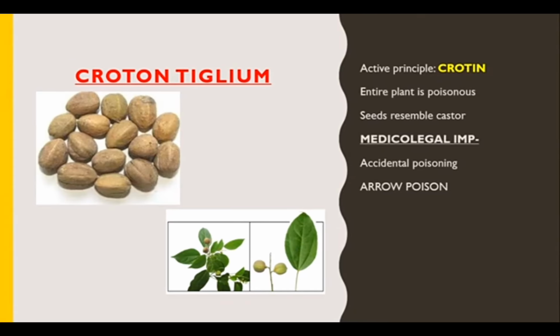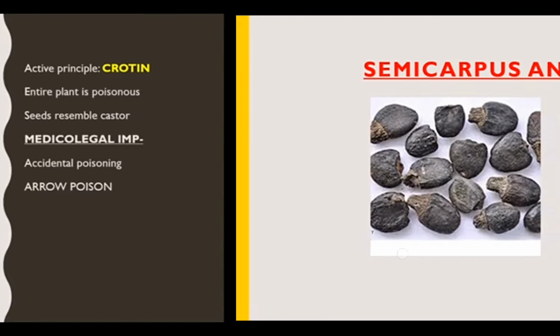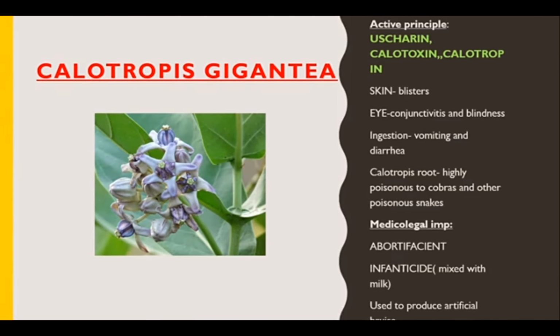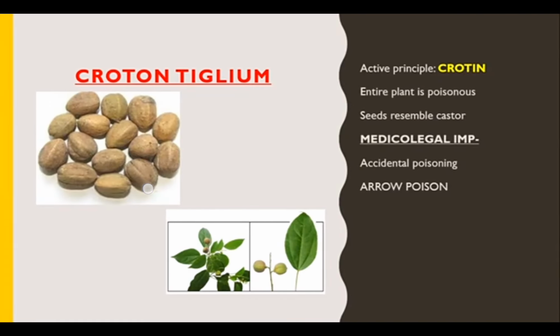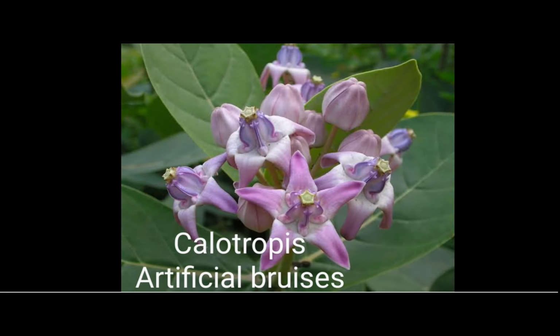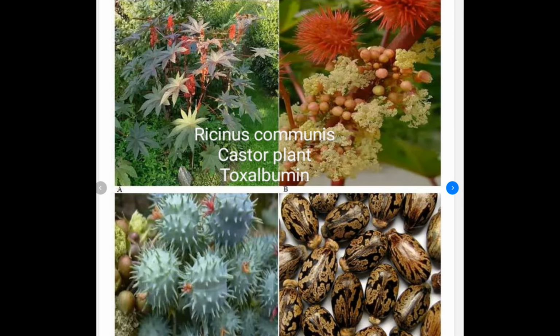Then next image is of croton tiglium. The entire plant is poisonous, and it resembles castor seeds. Medicolegally it is accidental poisoning or arrow poison. How will we remember croton tiglium? It has roundish seeds of a uniform light brown color, not like castor seeds, which were two different colors.